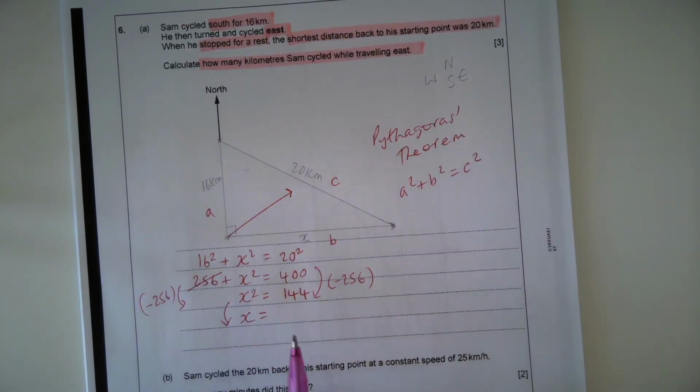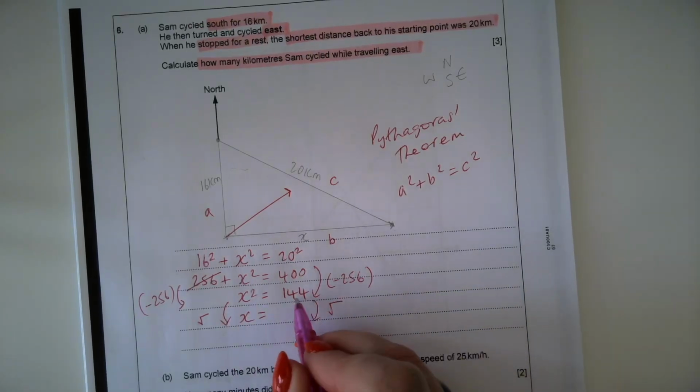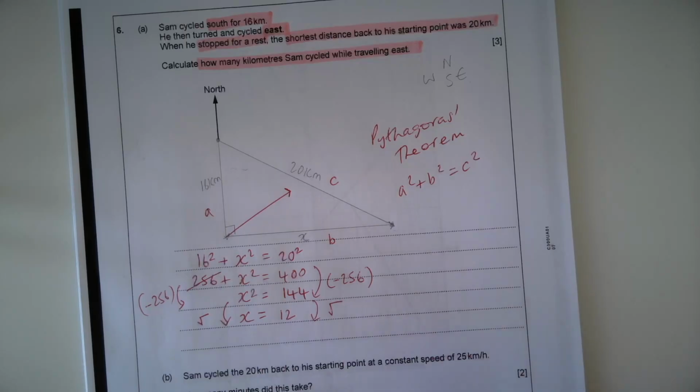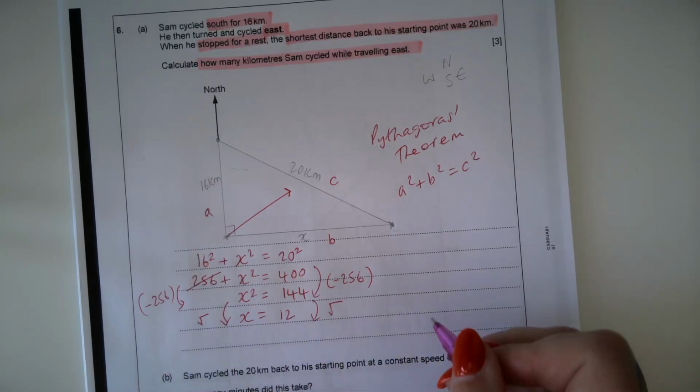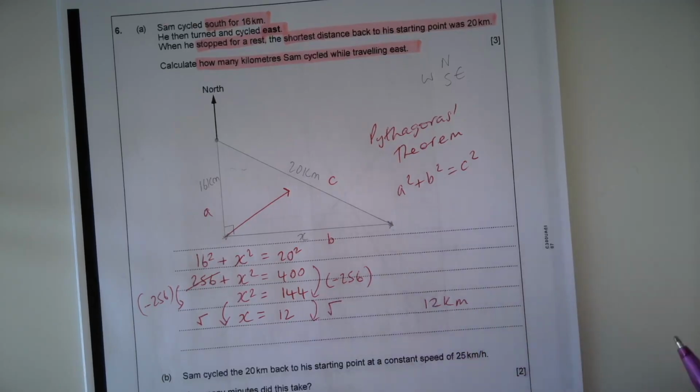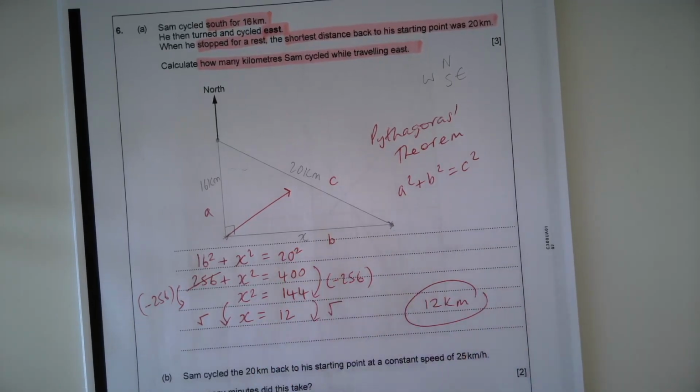This is x squared. The inverse of squaring is to square root. So we're going to square root both sides. So the square root of x squared gives me x. The square root of 144 gives me 12, because 12 times 12 is 144. So I know now that x equals 12. So that is the solution. He travelled 12 kilometres east.